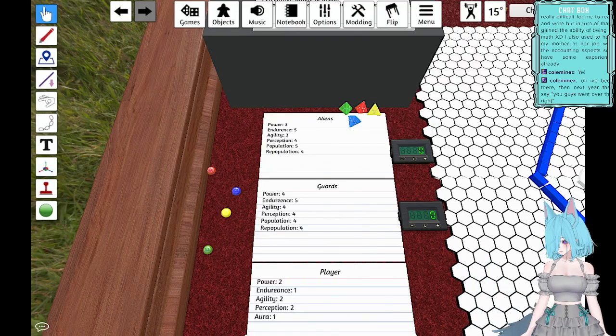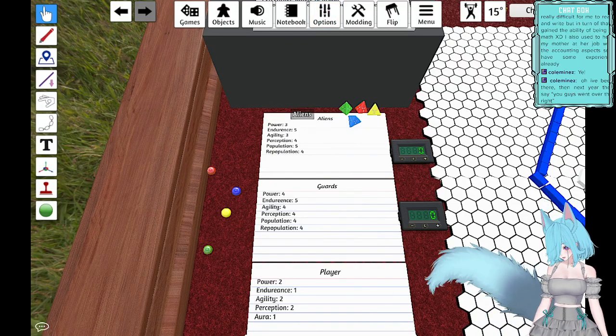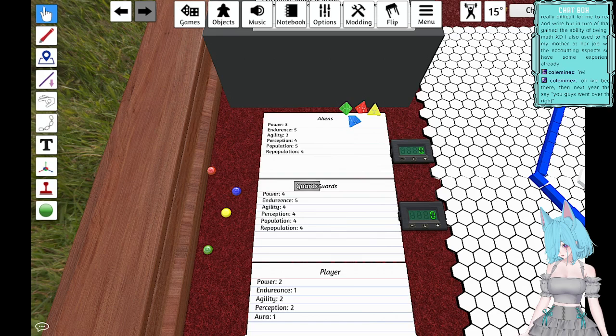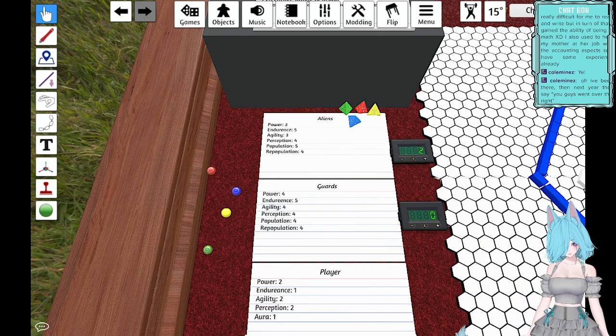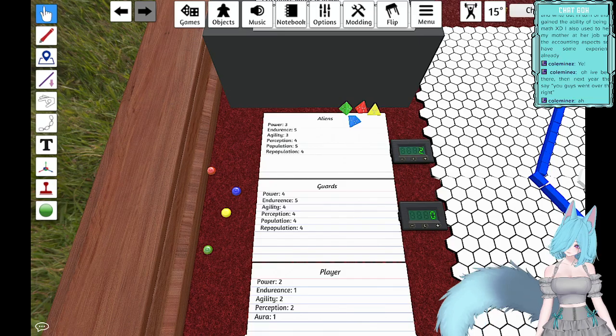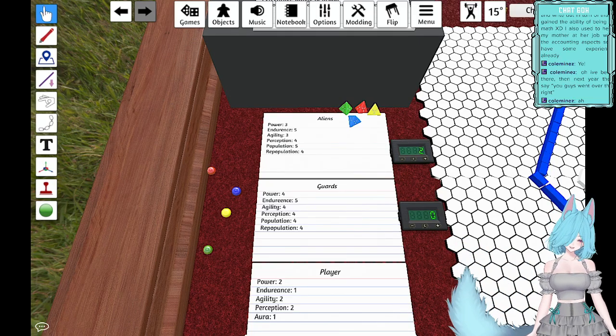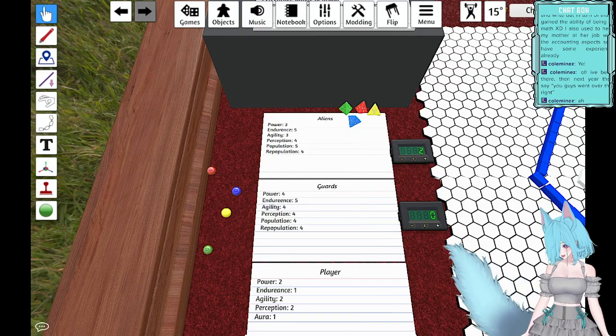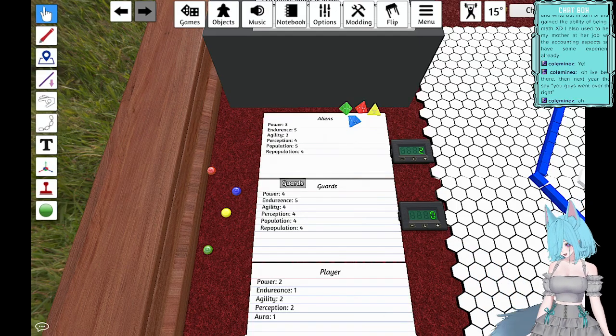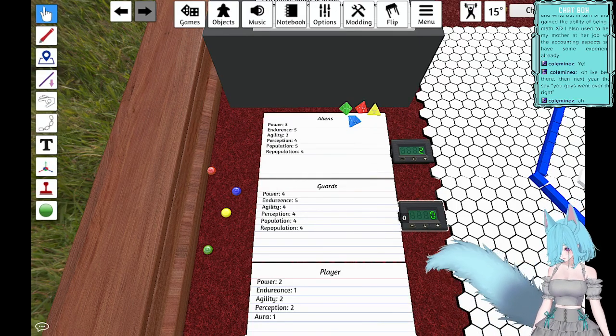But yeah, power versus endurance. Power 3, endurance 5. Aliens lose 2. But yeah, it is basically the same thing though. Then, guard power, endurance.